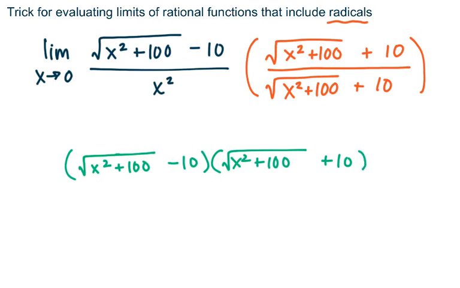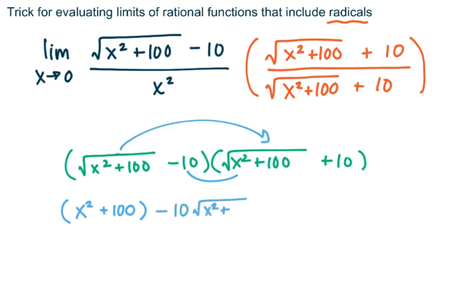So my first terms, that would be squaring a square root. I'll get x squared plus 100. Of course, that's the square root squared, but those cancel. So we just have that for my first. Inner, I've got 10 root x squared plus 100. My outer terms, I would have plus 10 root x squared plus 100.